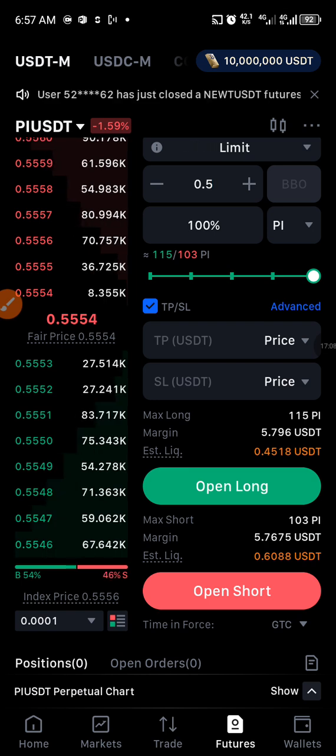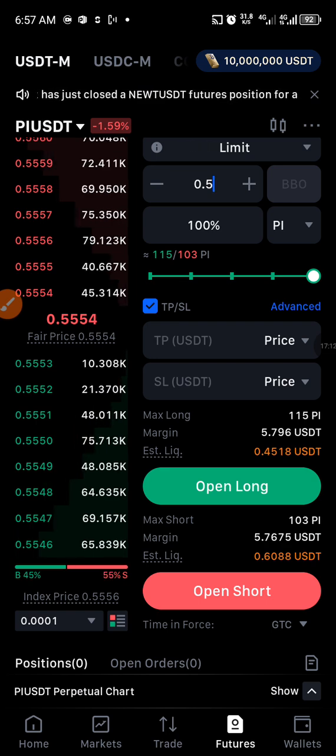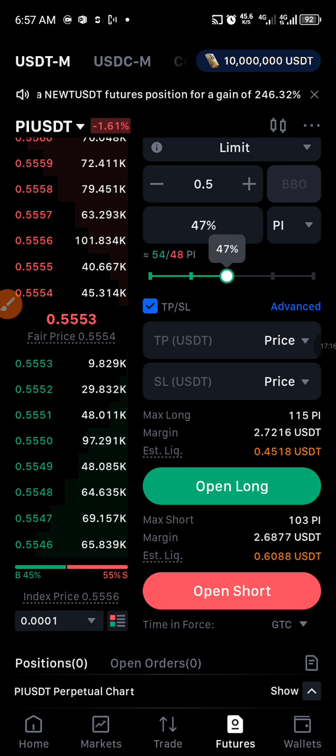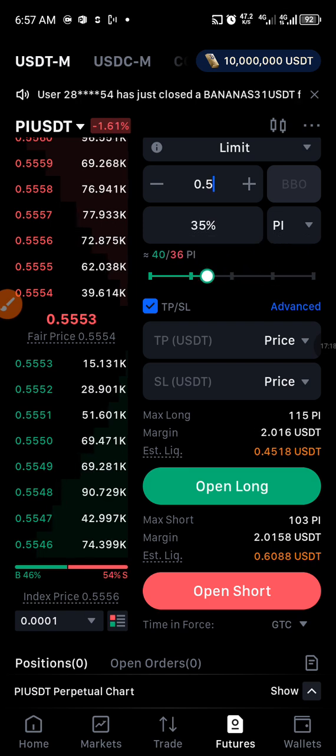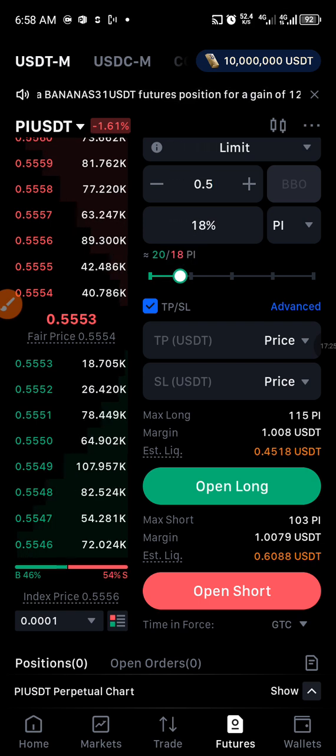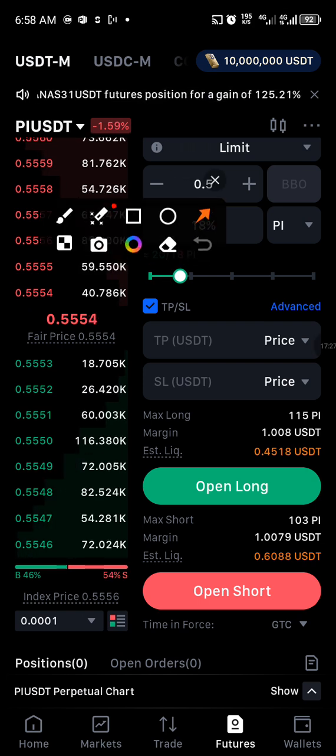Margin means the capital you want to use to trade. It's showing me 5.7 USDT, but I don't want to use everything. I want to use only 1 USDT. You can see the margin here.